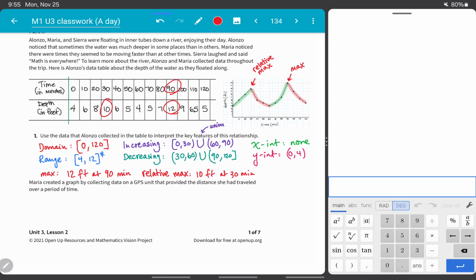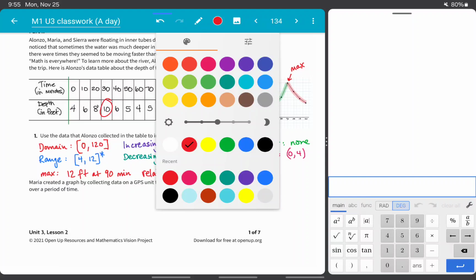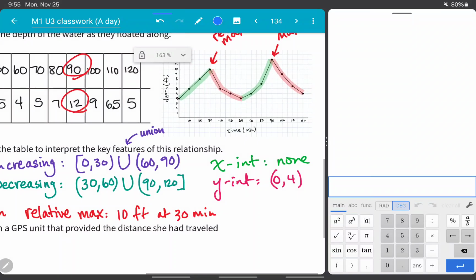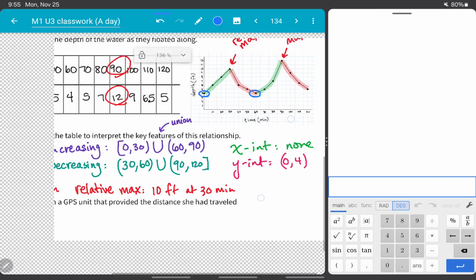Let's see, if we have maximum and relative maximum, we should also have minimum and relative minimum. So let's do a minimum. Here's our minimum here. That happens in a couple of different places, actually. That happens here and here.